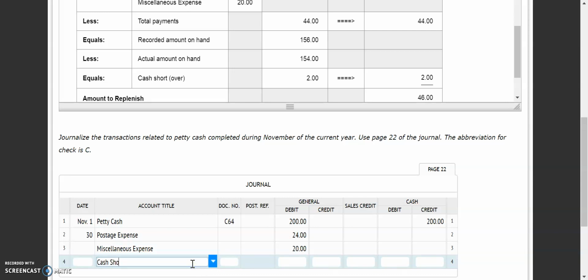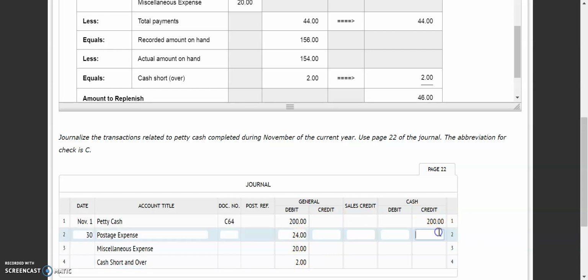And then our cash short and over is going to get the debit of 2. Which, if we add all of that together, that's going to be a credit to cash of $46. So as you can see, nowhere in there do we have petty cash again.